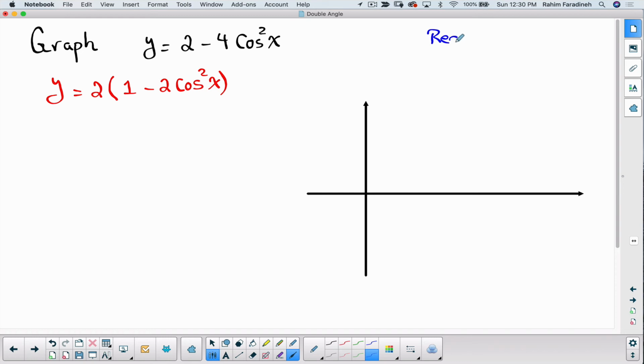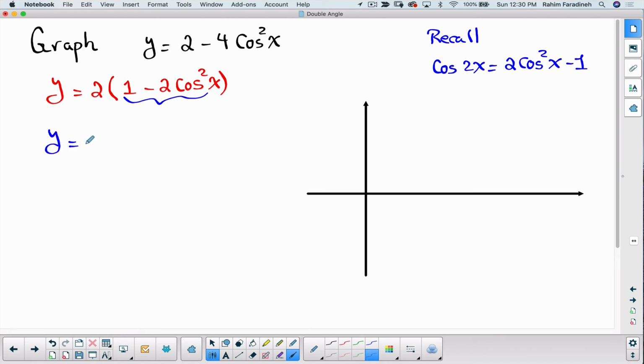Recall that cosine 2x could be written as 2 cosine square x minus 1, which looks very familiar if we factor a negative here. So that's what I'm going to do now.